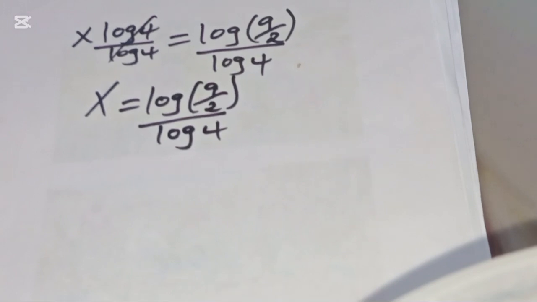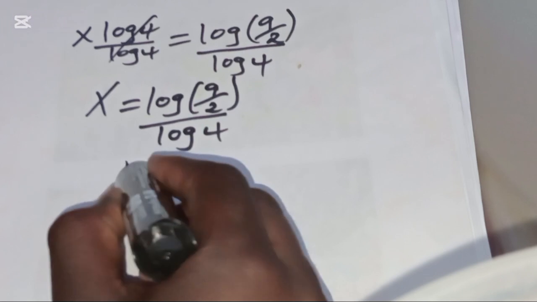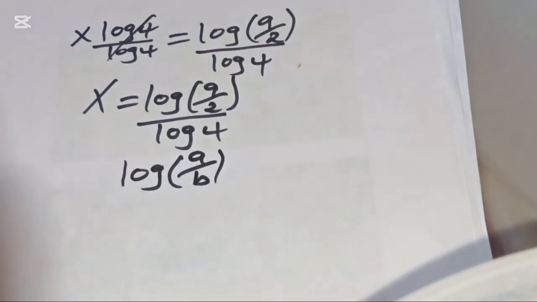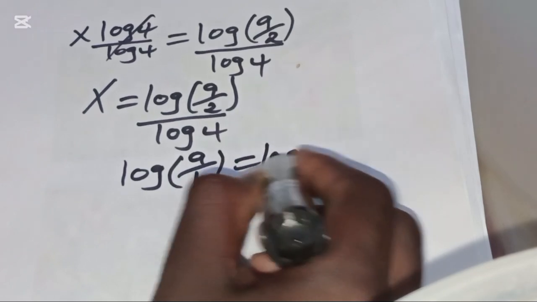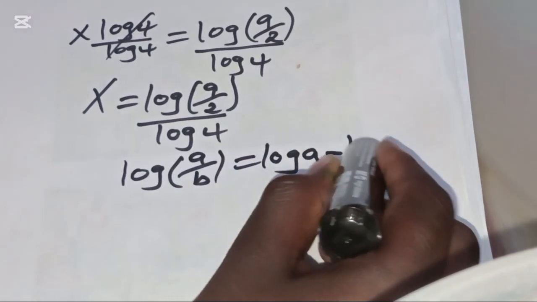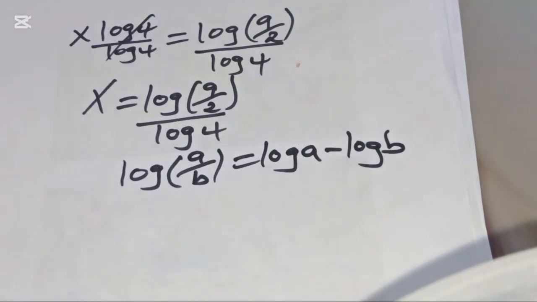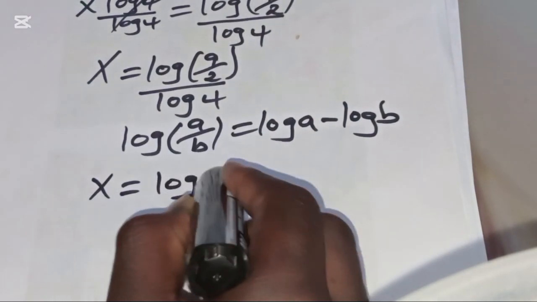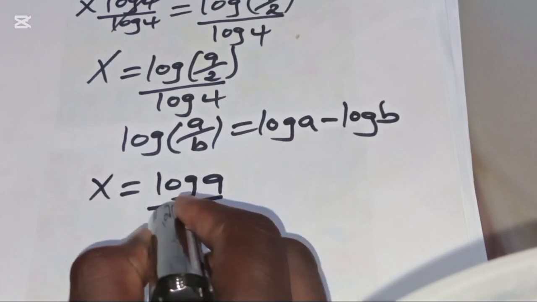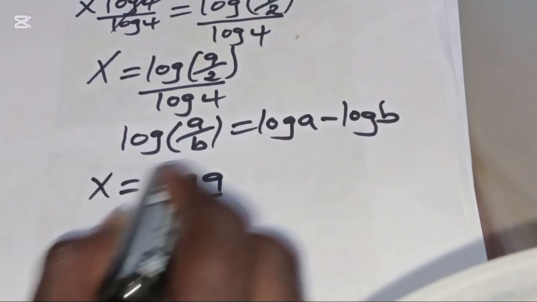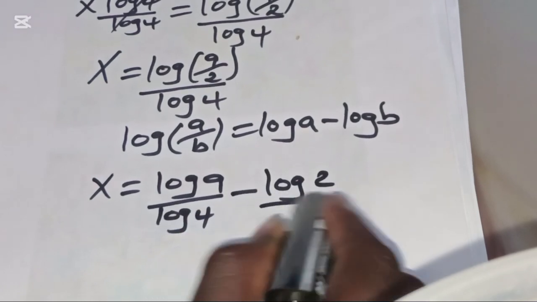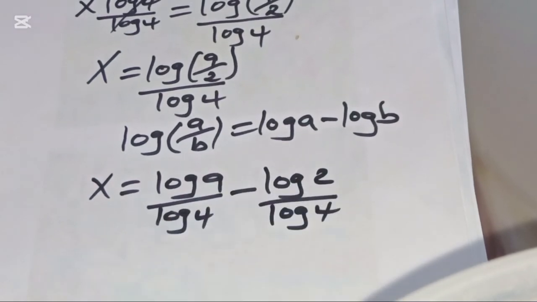Now, log 9 divided by 2 is in the form of log a divided by b, which is expressed as log a subtract log b. Applying this property, we have x equal to log 9 divided by log 4 subtract log 2 divided by log 4.